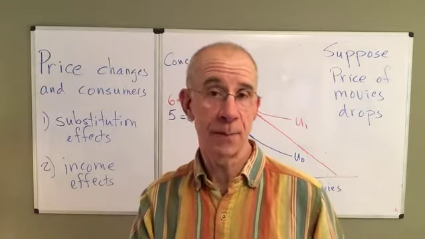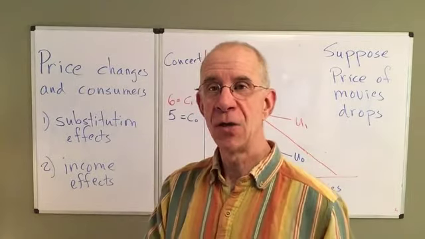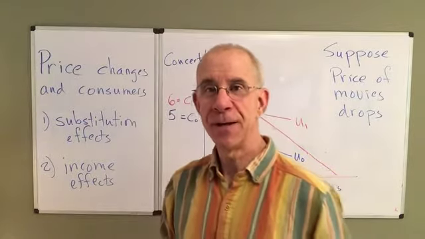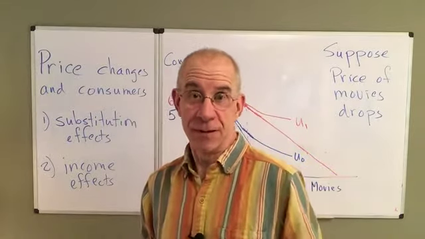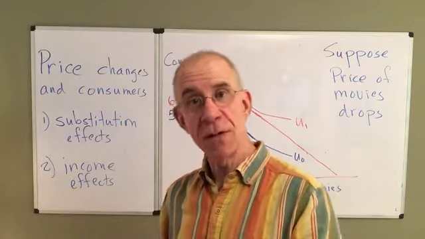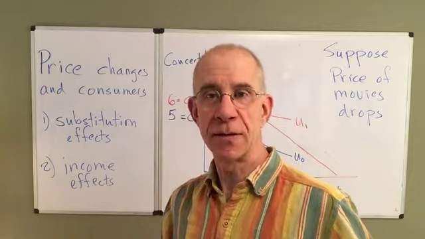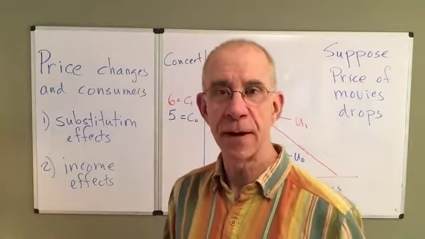On the one hand, if the price of a good drops, you're going to tend to want to buy more of that good because it's cheaper, and so you'll substitute away from the other good into the one whose price has fallen. Okay, so that's one effect.